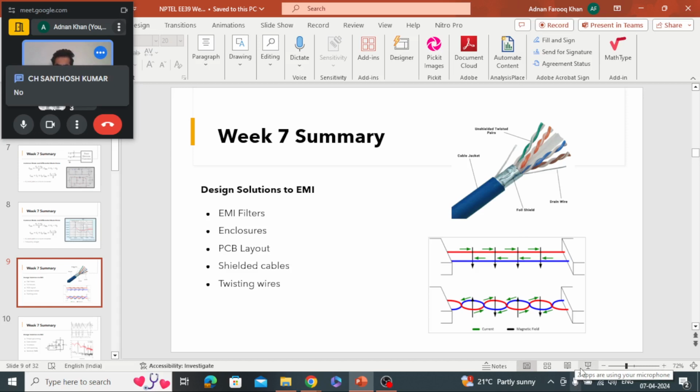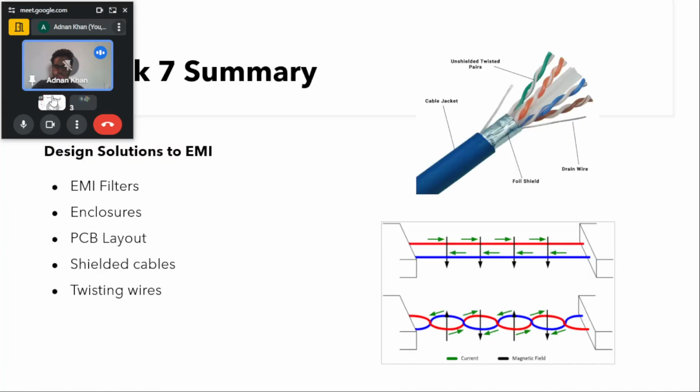Can any other person also confirm that screen is not visible? Because I see. Just a minute. Is it visible now? Sorry.